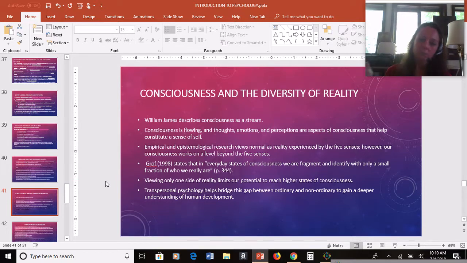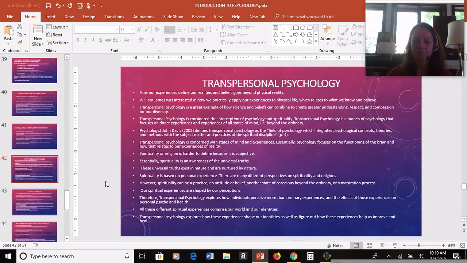We'll talk about all of that a little later when we talk more about Maslow and the humanists. And so what we see is James is the first one to come up with this idea of transpersonal psychology. With transpersonal psychology, we're looking at bridging that gap between our ordinary experiences and our non-ordinary experiences and how all of those relate to our development.